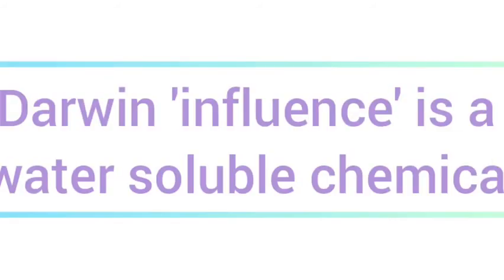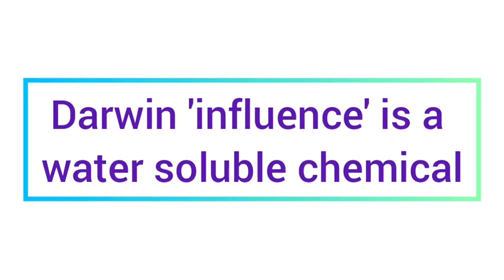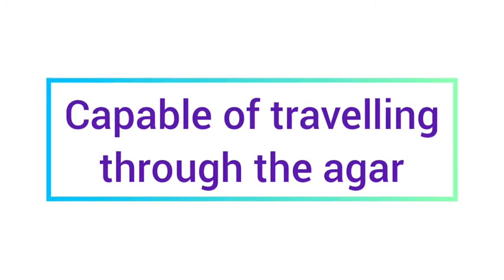Thus, he concluded that the influence was a water-soluble chemical which is capable of diffusion through the agar to the lower elongating part of the shoot where it had its effect. This water-soluble influence was later identified as the plant hormone auxin.